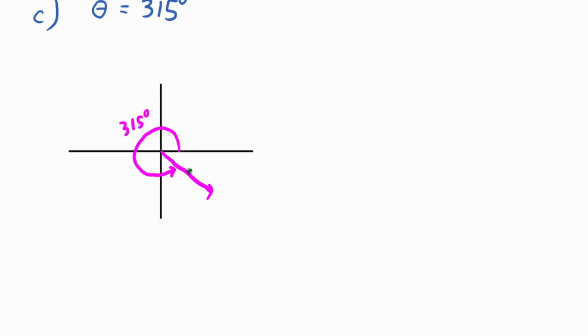No, it's got to be this guy, right? So how do you find it? Take one full rotation, minus the given angle, and that should be the leftover angle. Alpha is the leftover angle. So alpha, your reference angle, is 360 minus 315, and what is that? 45 degrees.